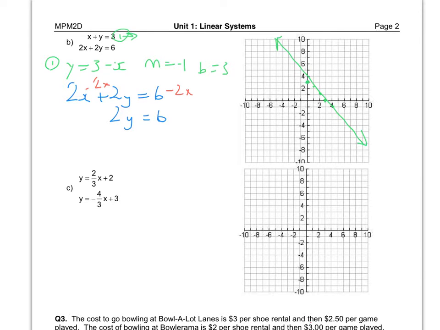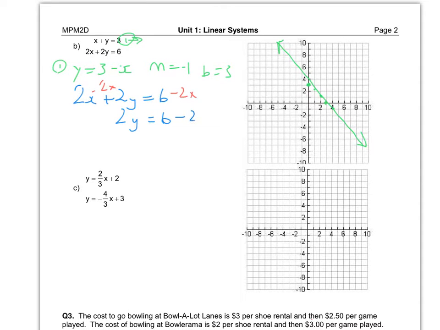And I have a minus 2x here. And then I would need to divide both sides by 2. And we're going to have y equaling 3 minus x.